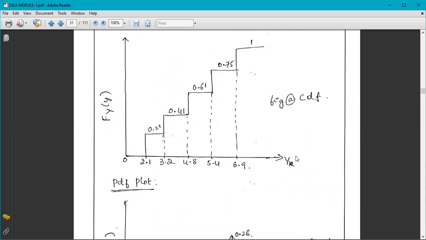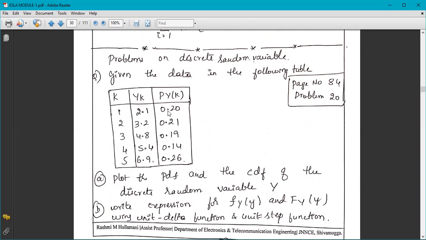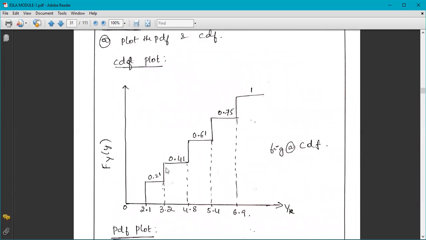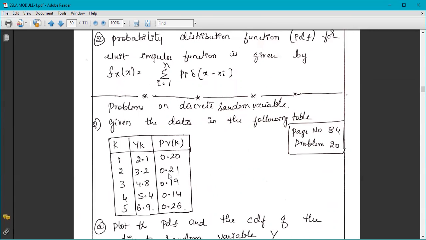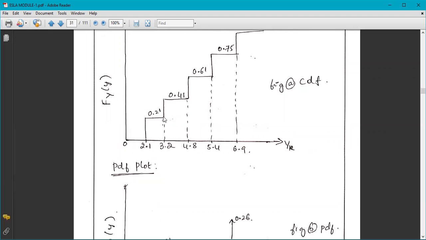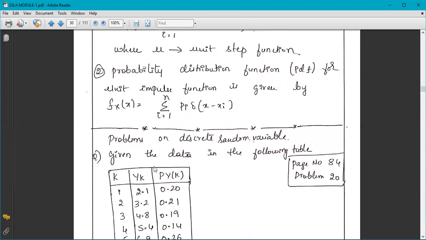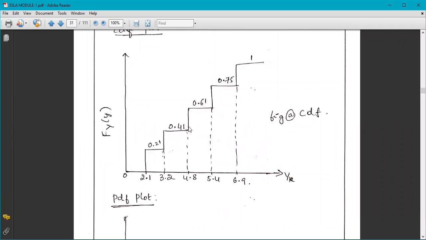Along the x-axis is y_k and along the y-axis is F_Y(y). For the first value 2.1 we are plotting 0.20.